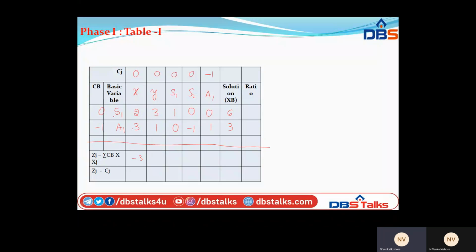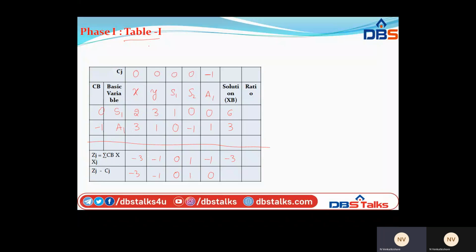In the same way, 3 into 0 plus minus 1 into minus 1, that is 1. So minus 3, minus 1, 0, 1. After that, ZJ minus CJ: minus 3 minus 0 is minus 3, minus 1 minus 0 is minus 1, 0, 1. This is table 1.